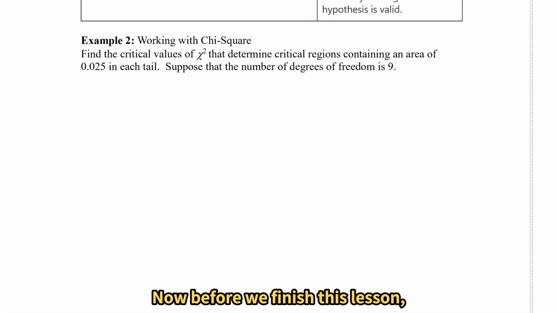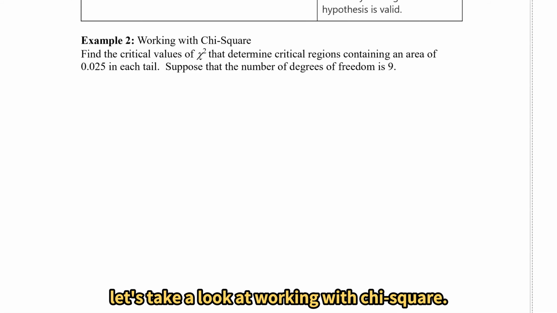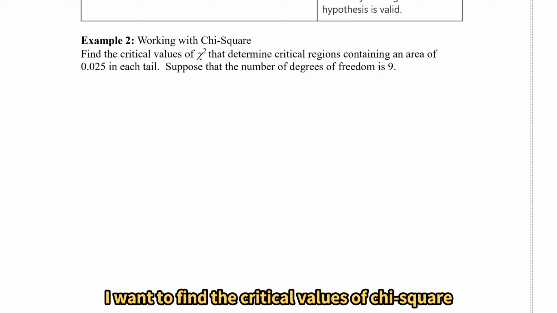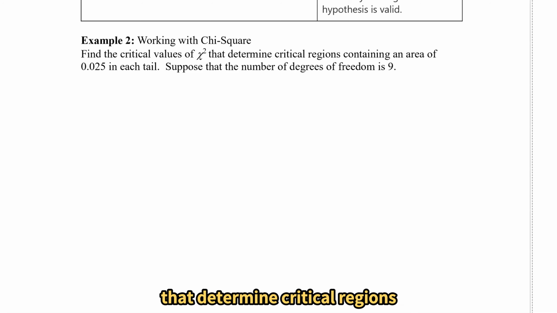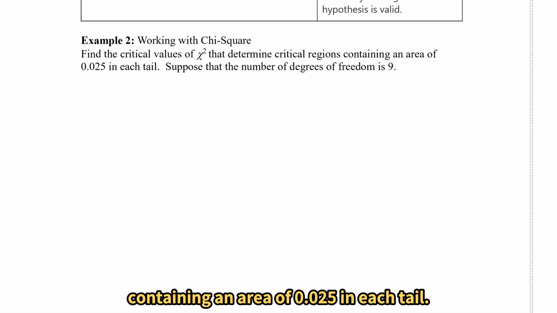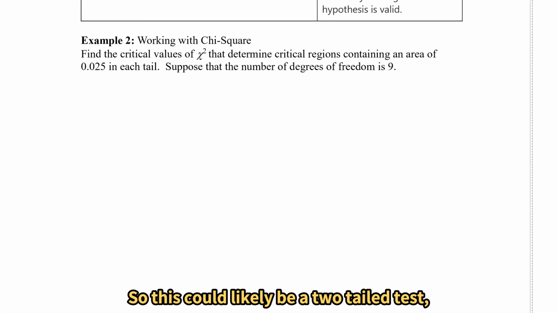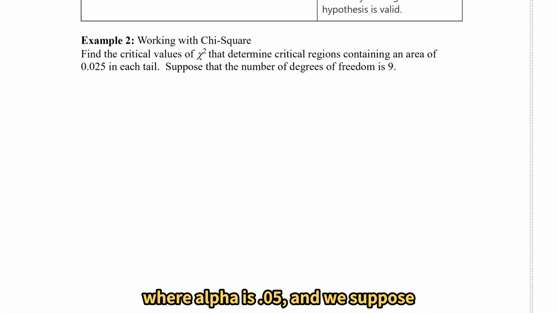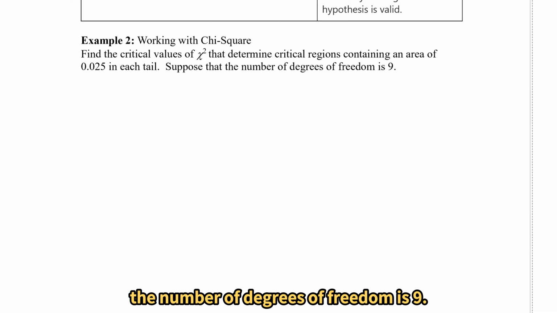Now, before we finish this lesson, let's take a look at working with chi-square. I want to find the critical values of chi-square that determine critical regions containing an area of 0.025 in each tail. So this could likely be a two-tailed test where alpha is 0.05. And we suppose the number of degrees of freedom is 9.